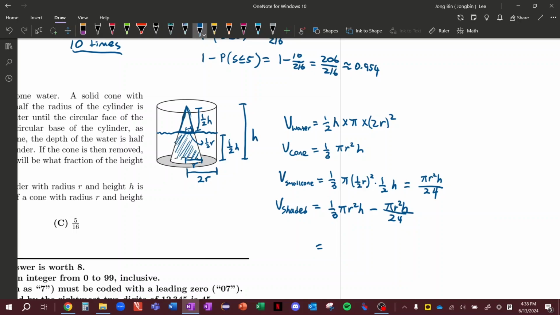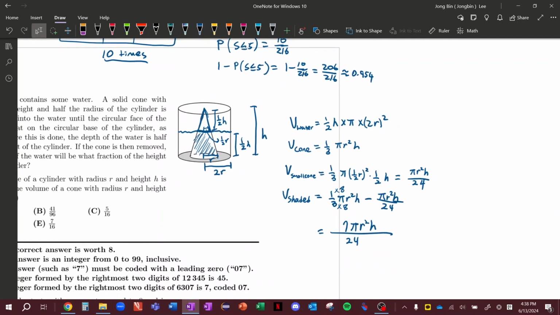If we multiply the first term by 8 top and bottom, we get 24 as a common denominator, and 8 pi r squared h minus pi r squared h gives us 7 pi r squared h in the numerator. So now we have all the volumes that we need.